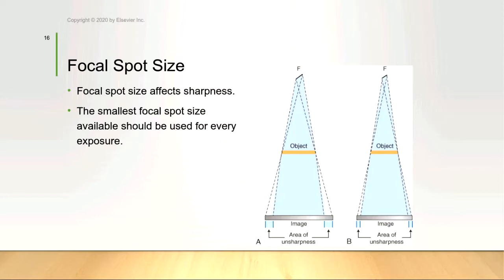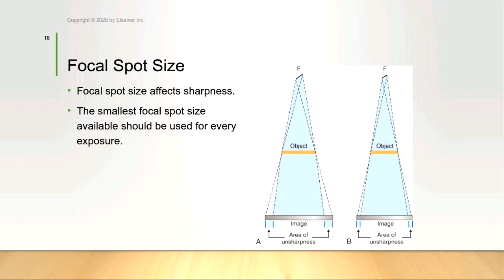But with extremities, it is, because usually with extremities, you're looking for breaks in the trabecular pattern. You're looking for small fractures and things like that. So rule of thumb is usually extremity work, small focal spot, trunk work, large focal spot.